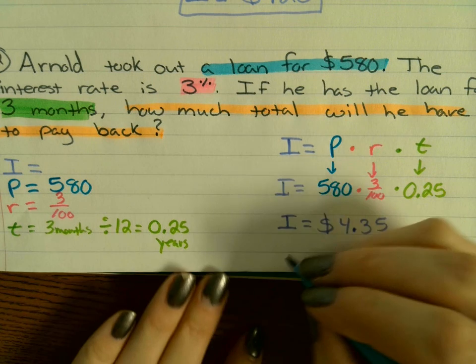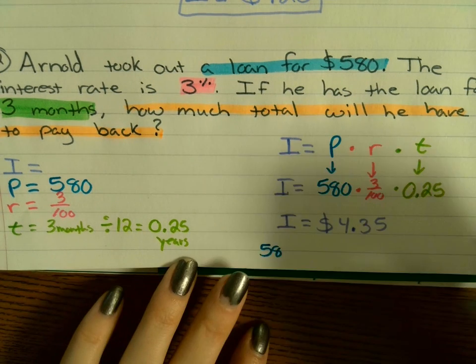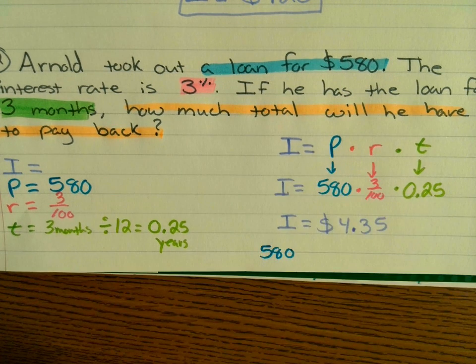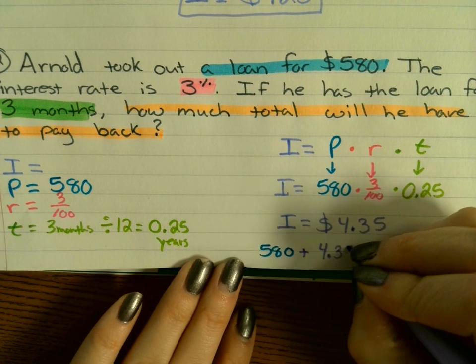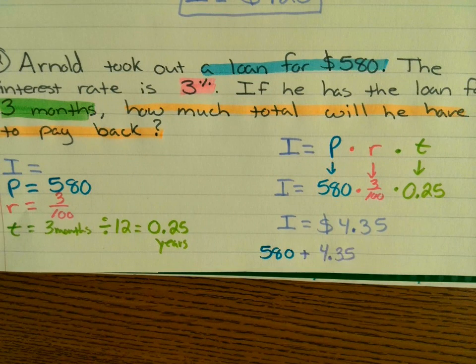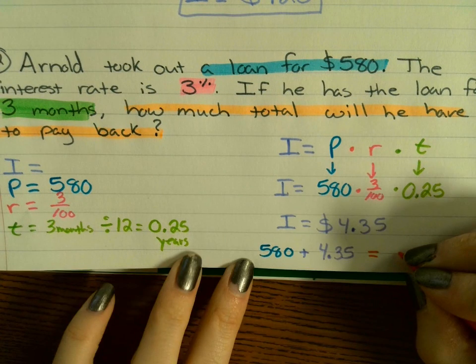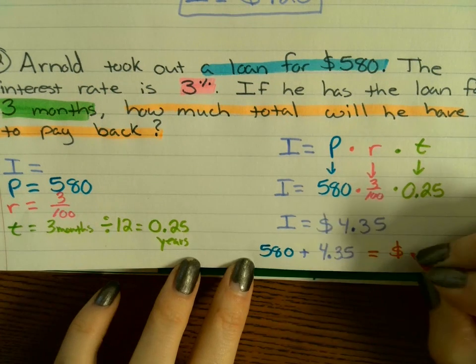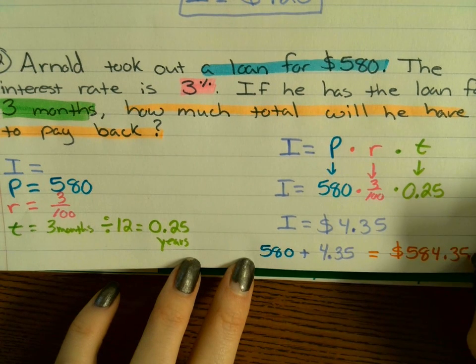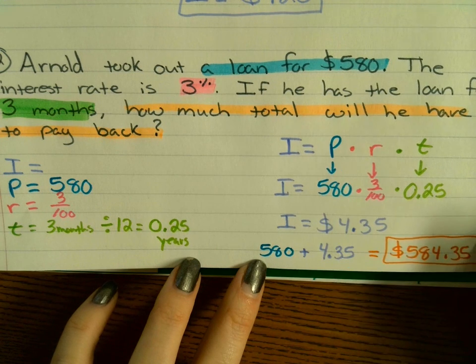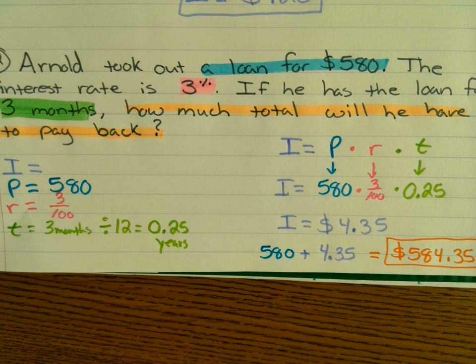So in this case, we would have to combine 580 plus the $4.35, and the total amount that he would be paying back is $584.35. Get that copied down. We're going to do one more example.